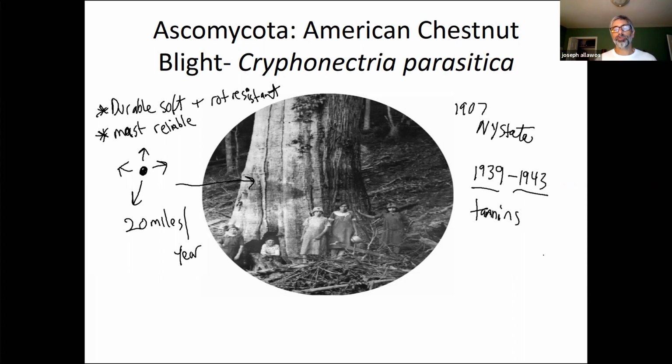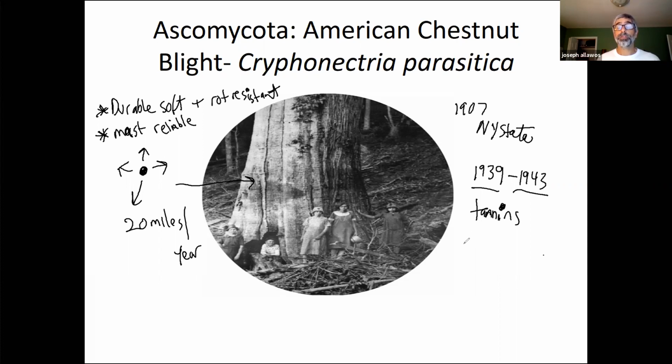We're going to go ahead and strip this bark off so we can get the tannins and make a little money. Well, this was a very short-sighted approach. Probably, theoretically, some of these trees would have been resistant to the fungus, but we'll never know because they were killed prematurely. And so, unfortunately, we lost these trees.